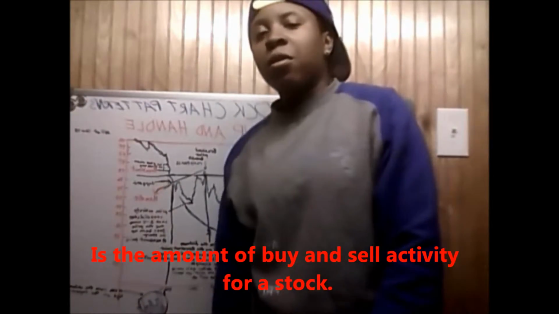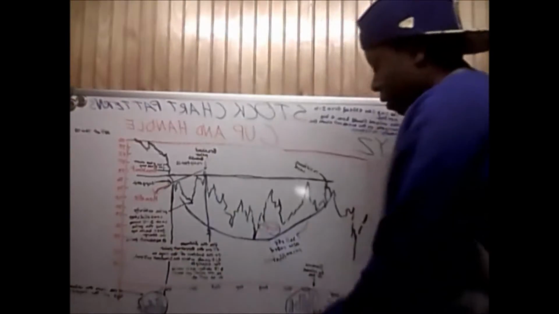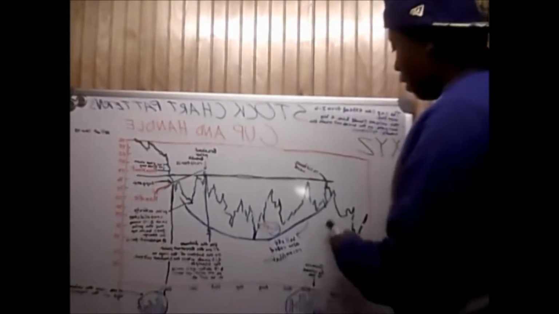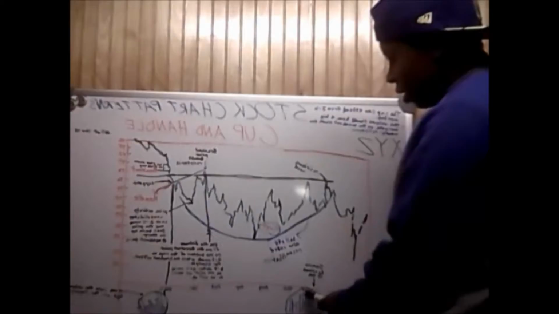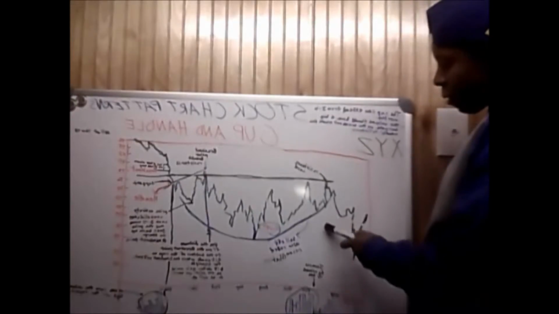All right, our next term is volume. Volume is the amount of buy and sell activity for the particular stock. Volume is pretty much at the bottom of your stock chart. Say for instance where your resistance level is, there's a lot of high volume on the stock rising up.